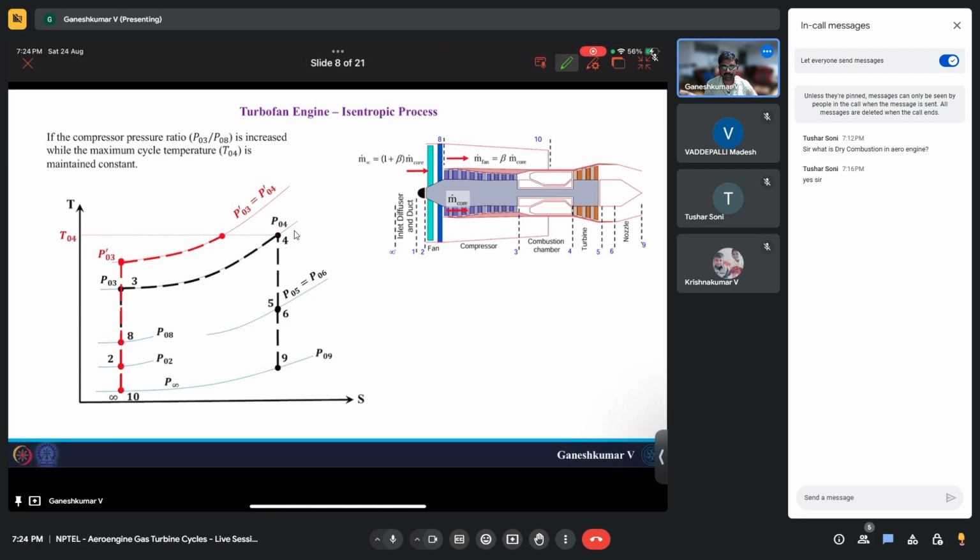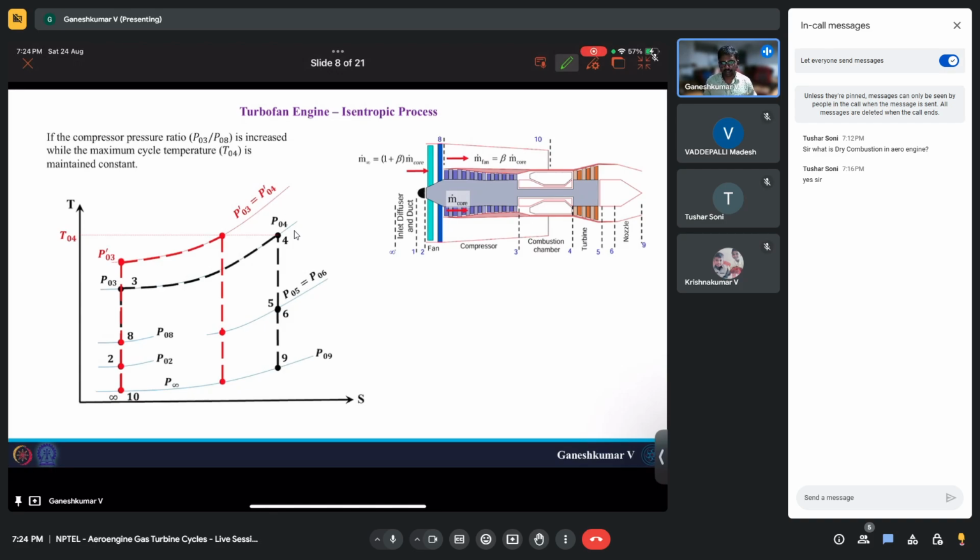After T04, if you follow the red line, the turbine expansion will happen. It will expand to a certain pressure, and then it goes through the nozzle. Again, it will expand to a certain pressure. So the area under the curve of black and the area under the curve of red will be changing a bit.